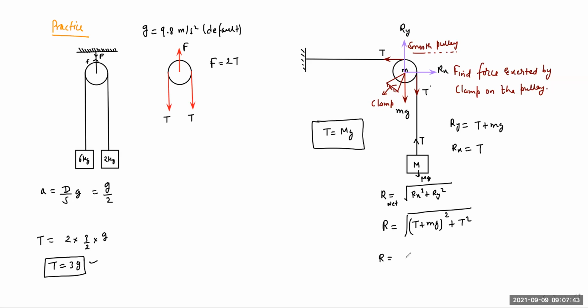So the resultant force turns out to be the square root of (capital M plus small m) G, whole square, plus capital M square G square, because G square is common. So we can take G outside and then it turns out to be (capital M plus small m) whole square plus capital M square.